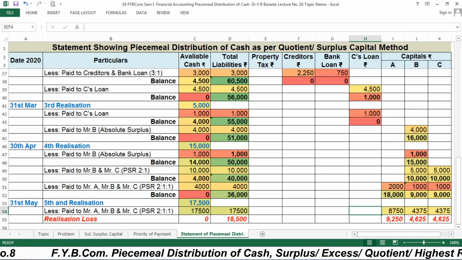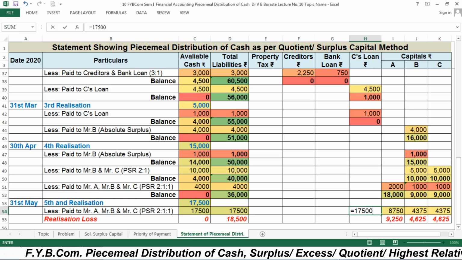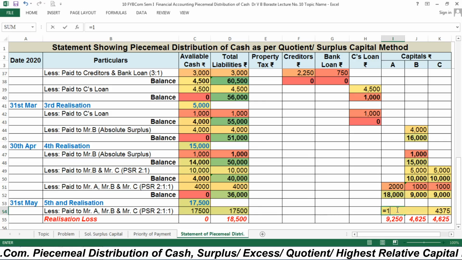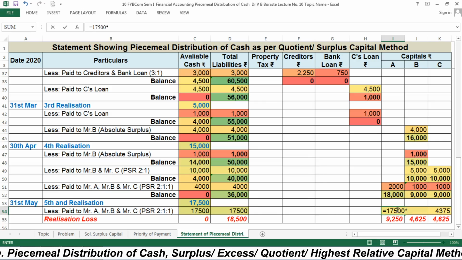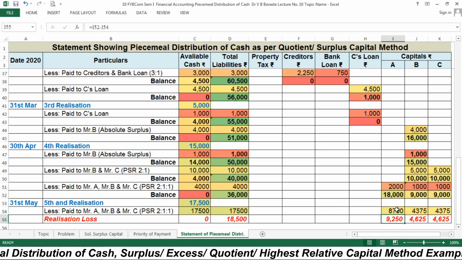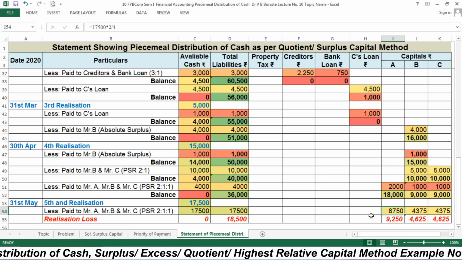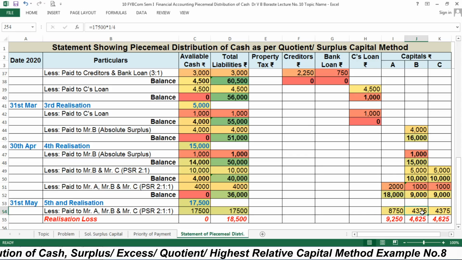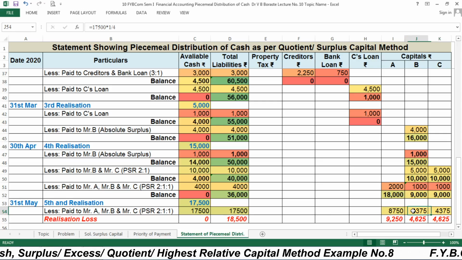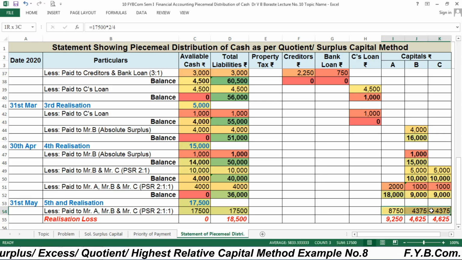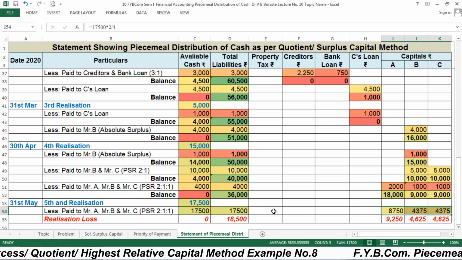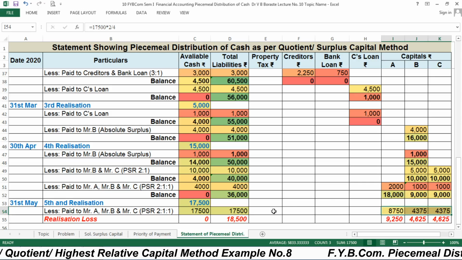That means out of 17,500, he is going to receive 2 shares out of 4 shares, so that is 8,750. Mr. B and C both will receive 1 share. That means total amount of rupees 17,500 is distributed among the partners, that is in the ratio of 2 is to 1 is to 1.